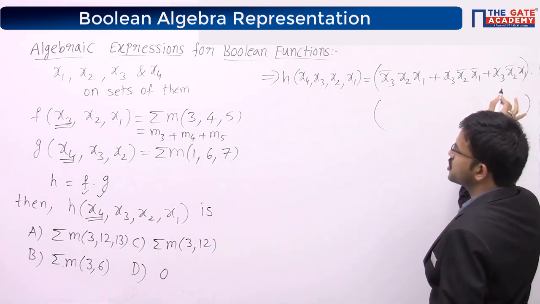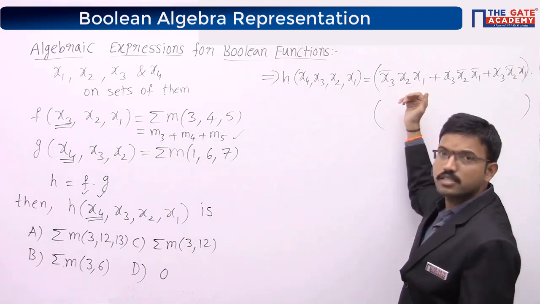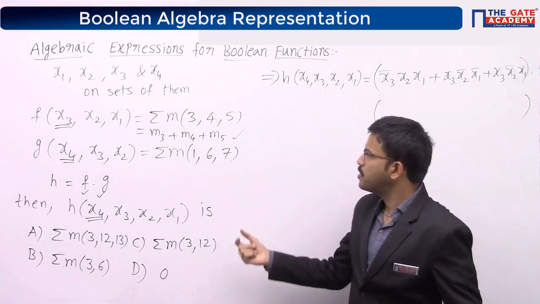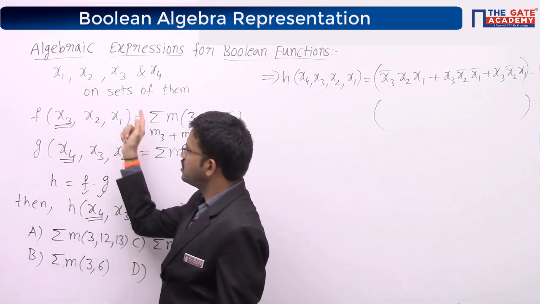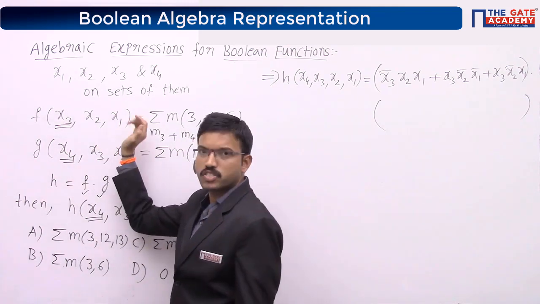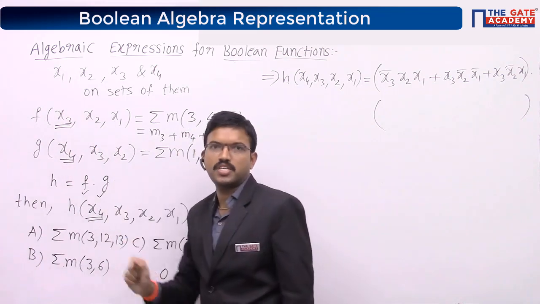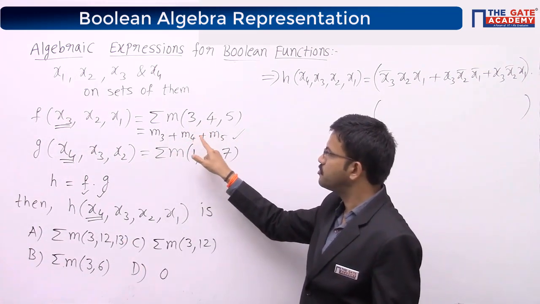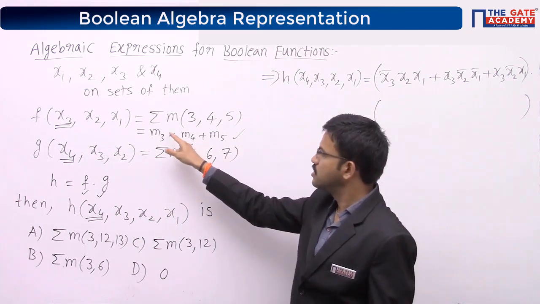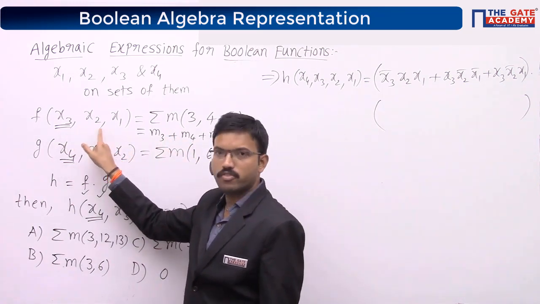This is regarding function F. Up to here, is it clear? I have written function F. Okay, I am repeating once again. Here you have a function defined on the three variables x3, x2, x1, where x3 is the MSB. He has given sigma m 3, 4, 5, that means m3 plus m4 plus m5. 3 is nothing but 0, 1, 1.